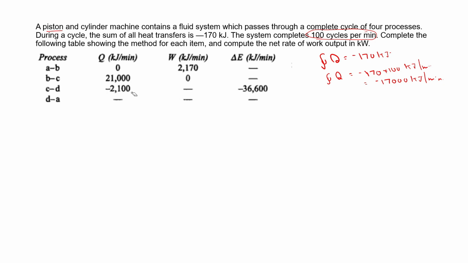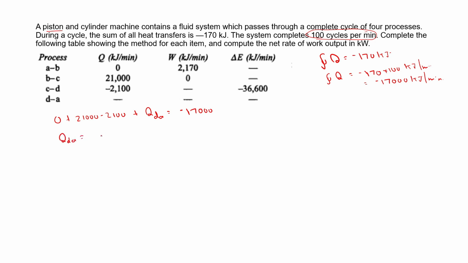And so if you sum all these, you can get the heat transfer, that is 0 plus 21,000 minus 2,100 plus QdA. This is equal to minus 17,000. All these units are in kilojoule per minute.